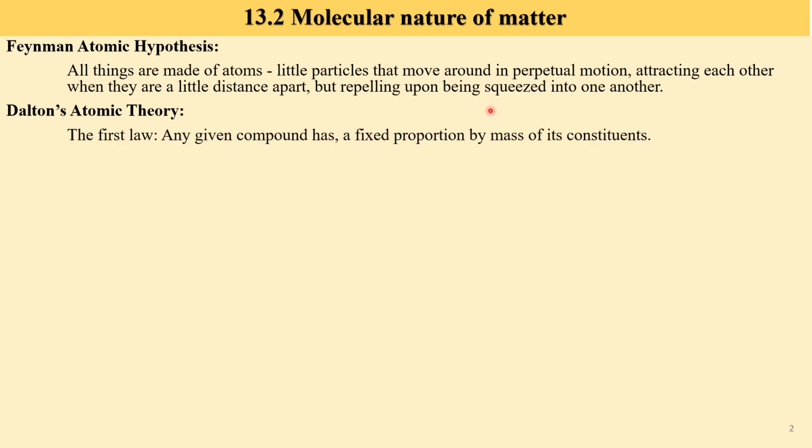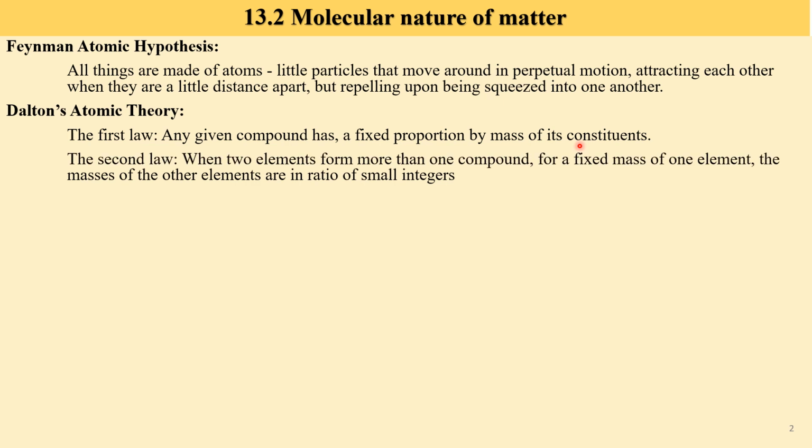The first law states that any given compound has a fixed proportion by mass of its constituents. The second law states when two elements form more than one compound, for a fixed mass of one element, the masses of the other elements are in ratio of small integers.